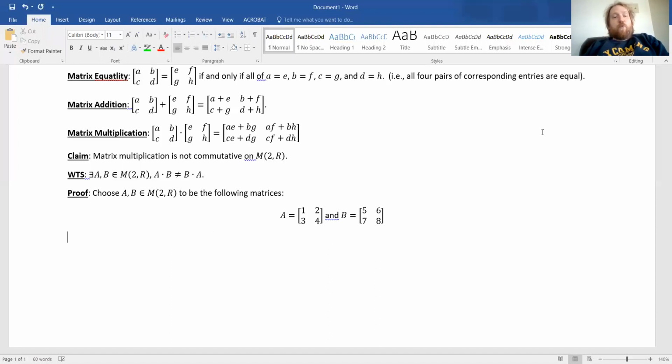Now, we need to show that A times B does not equal B times A. So remember, the way that we show two expressions aren't equal is we consider the following calculations, and we calculate each of the two expressions separately. So consider the following calculations.